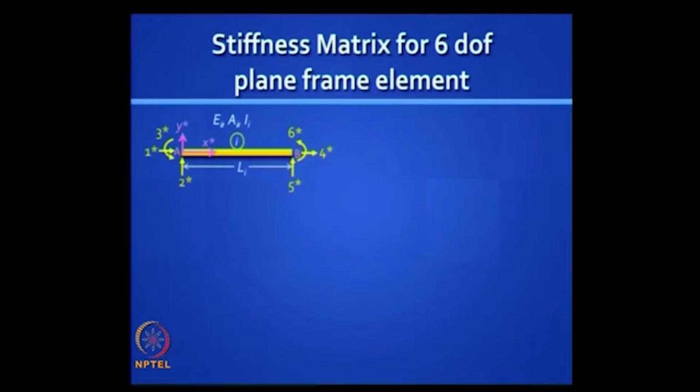The corresponding force is a shear force. 3 star is a rotation in the xy plane, which means with respect to the z axis, and we follow the same directions and numbering sequence for the end node. So you have 1, 2, 3 at the start node, 4, 5, 6 at the end node.